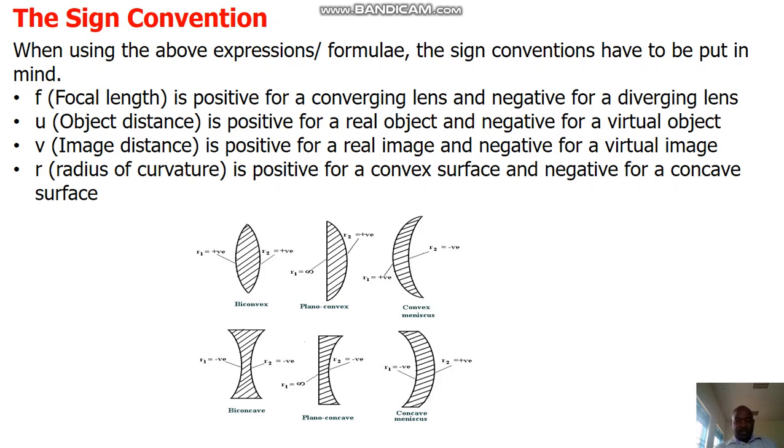The object distance for real objects is positive, while the object distance for virtual objects is negative. The image distance for real images is positive, while the image distance for virtual images is negative. The radius of curvature is positive for convex surfaces and negative for concave surfaces. I've put the diagrams below to help you identify convex surfaces and concave surfaces.